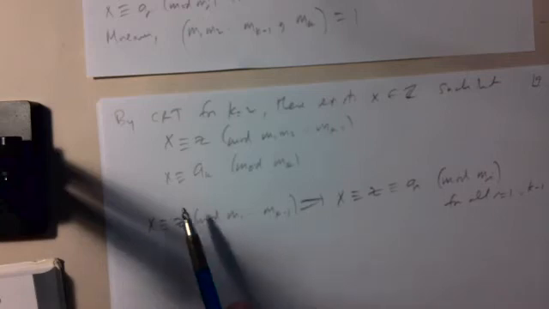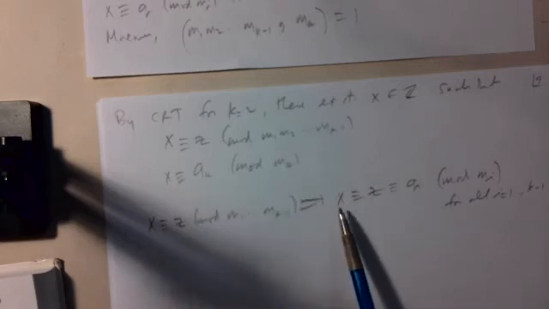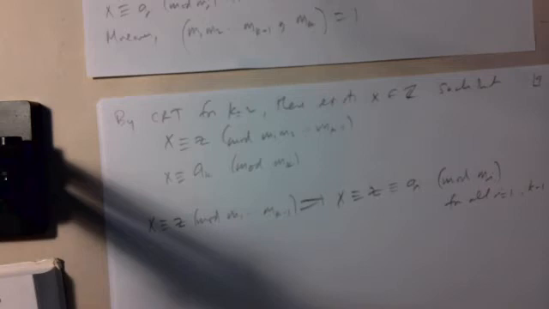So we now found a solution to all k congruences. x is congruent to a_k mod m_k, and x is also congruent to a_i mod m_i for i going from 1 up to k minus 1.